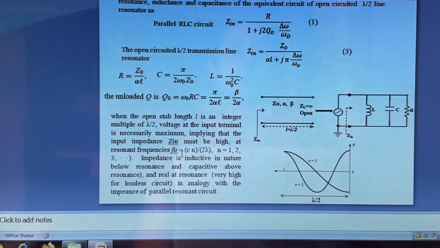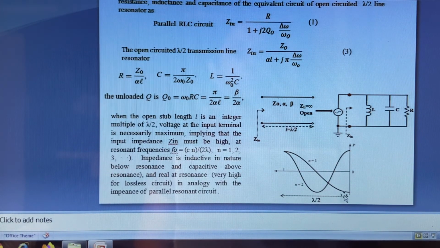The resonant frequency can be calculated using this equation, F0 equal to n c divided by 2 L. Using this equation, we can find the resonant frequency.